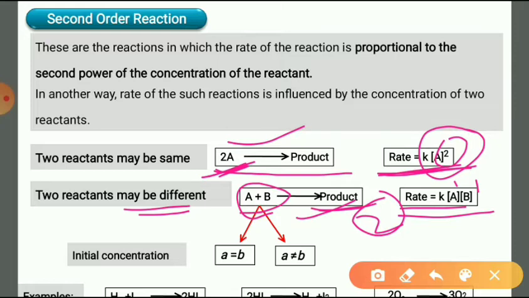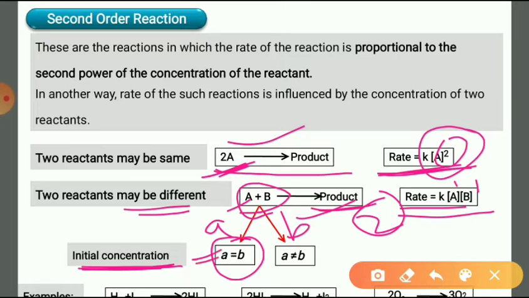In the second case, again there are two types, where the initial concentrations play an important role. If you consider small a as the concentration of capital A, and small b as the concentration of capital B, in the first case both these initial concentrations are the same, so a equals b.